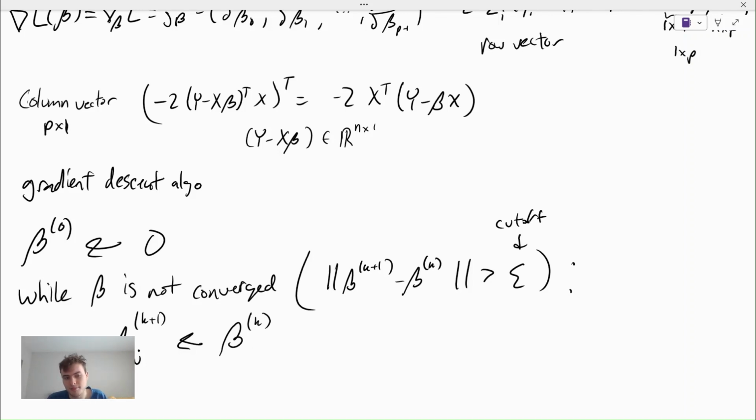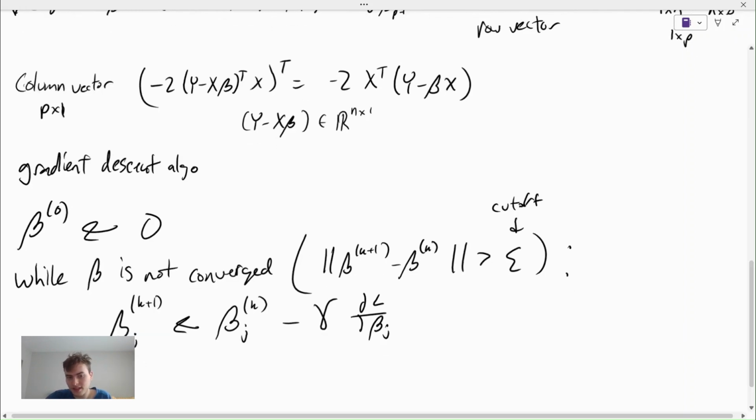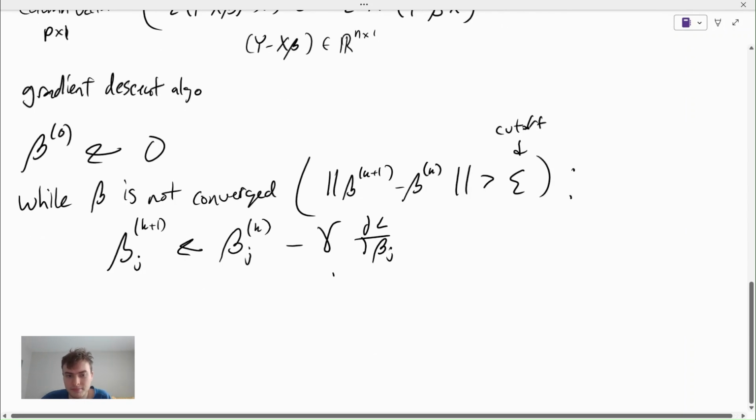We're not raising it to the power of that. We're just keeping track of what iteration we're at, and we're going from iteration k to iteration k plus 1 every time. And we're just going to take the old beta value, and then we subtract gamma times dL d beta j.